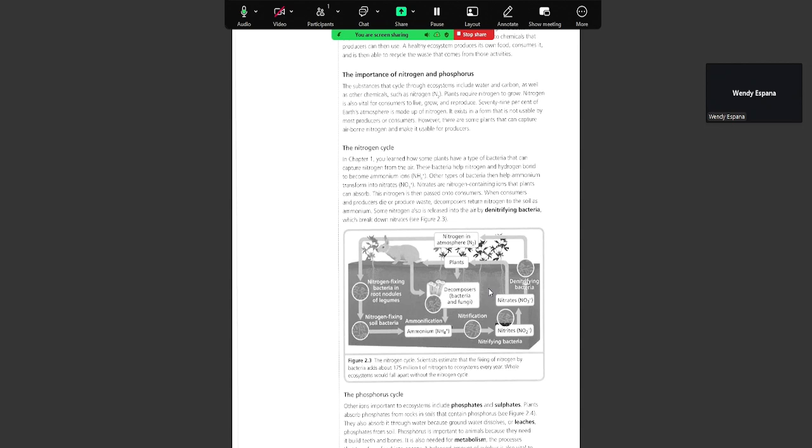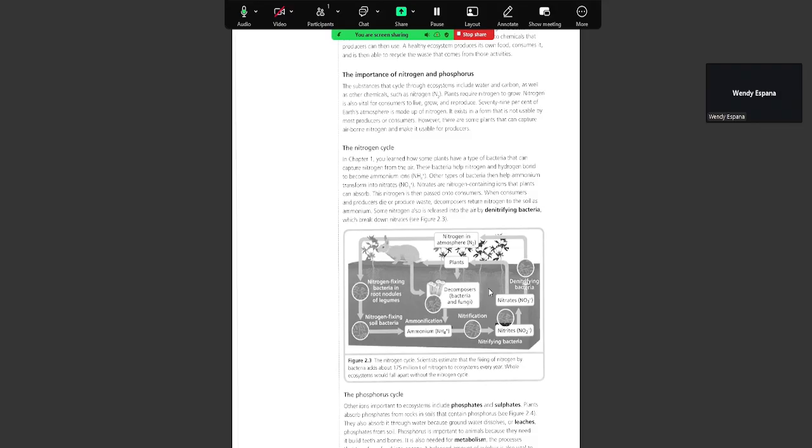We know that nitrogen is in our atmosphere. We've talked about that. We also know that it needs to get fixed by nitrogen fixing bacteria to come out of the atmosphere and into plants, in a form that plants are able to take in. There's something called nitrogen fixing bacteria.